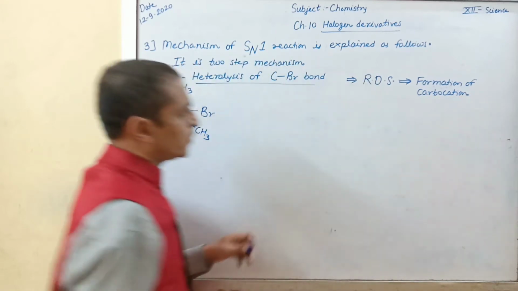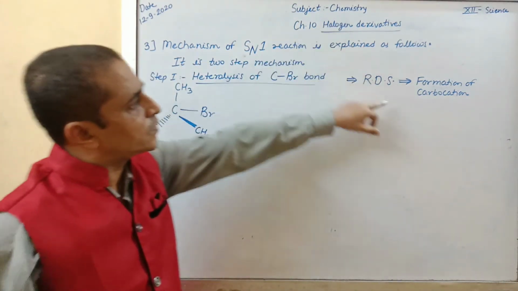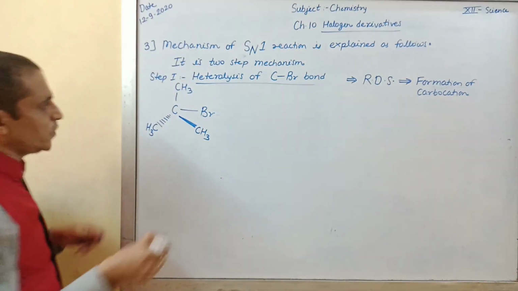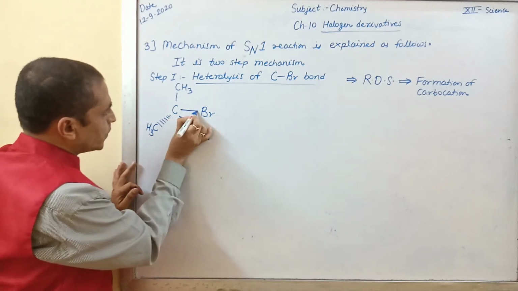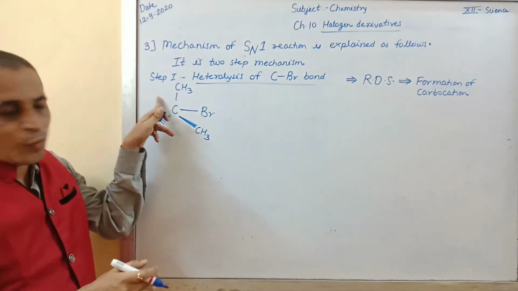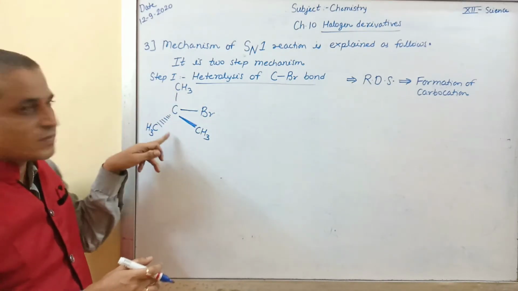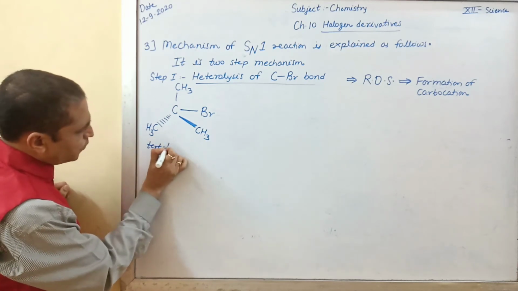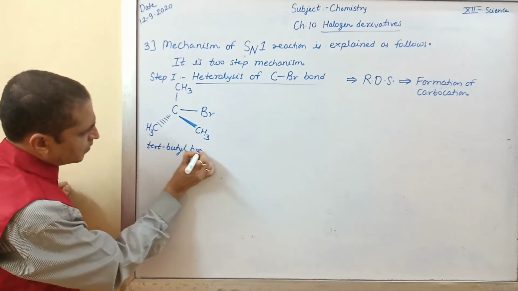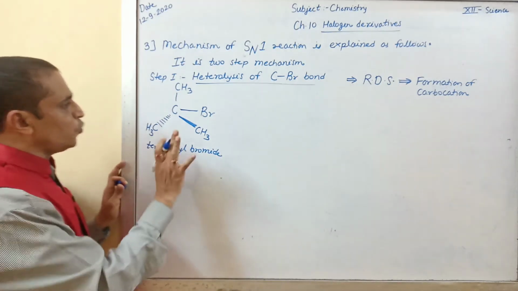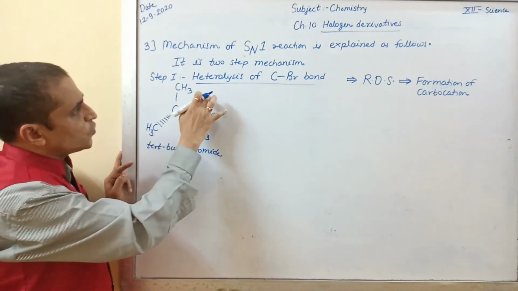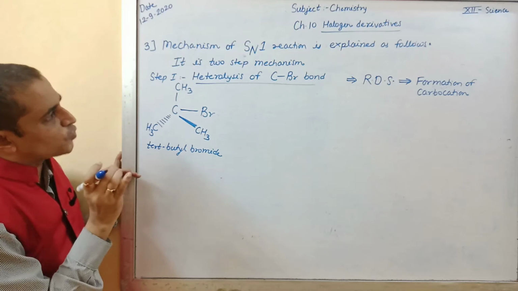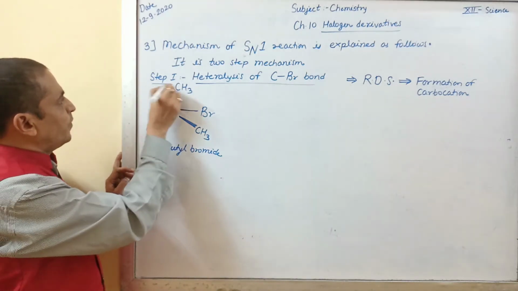Carbocation is the species in which carbon having positive charge. Step 1 involves only one species, that is tertiary butyl bromide. You know that hydrolysis of C-Br bond means breaking of C-Br bond. In this, OH or a strong nucleophile has no role in step 1.